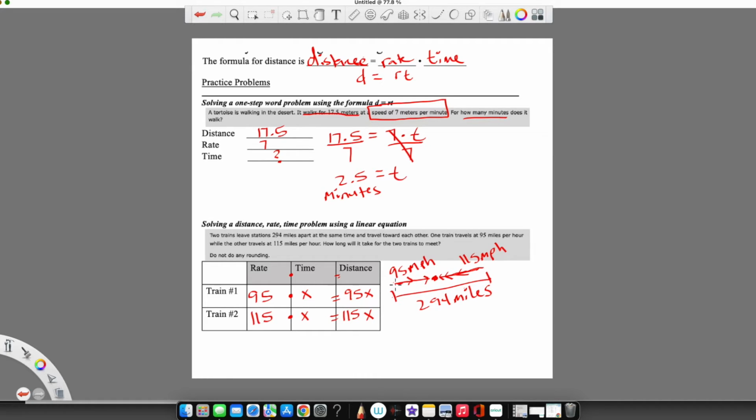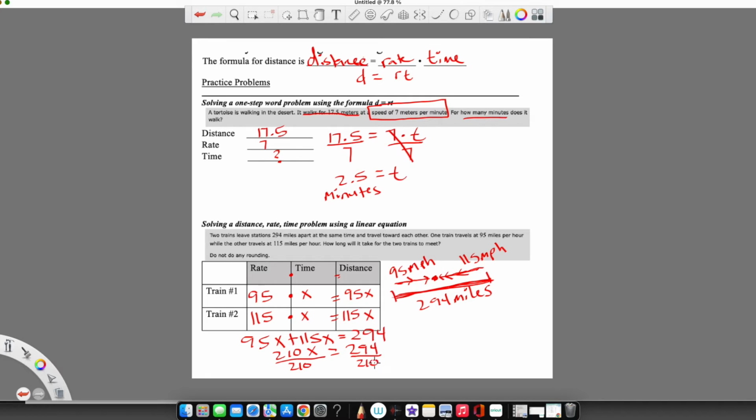So it's going to equal 115x. If I add these both together, remember they're meeting at some point, not quite in the middle, but they're meeting. So they've traveled the entire 294 miles together. So what I'm going to do is add these two together so that I know at what point they've traveled a total of 294 miles. 115 plus 95 is 210, so 210x equals 294 miles.